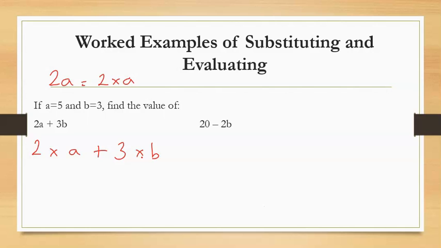Now we're going to substitute the value of a, which is 5, and the value of b, which is 3, into that expression. So now we would have 2 multiplied by 5, and you're going to add to that 3 multiplied by 3. Now this is where you need to remember the rules of BIDMAS. Some schools call it BODMAS, some schools call it PEMDAS. Whatever it's called, it means the same thing.